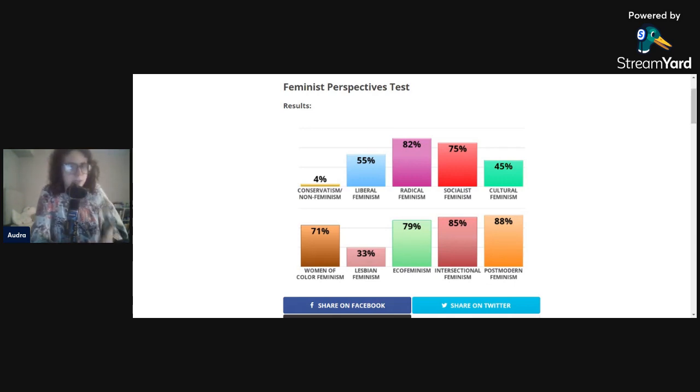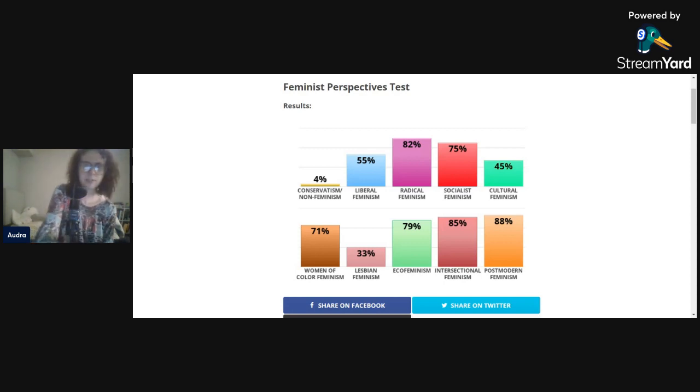So this is my percentage of the kinds of feminisms I am a part of. 4% conservative / non-feminism.